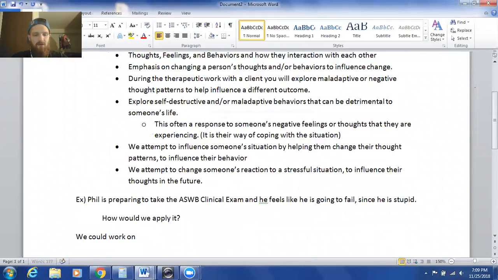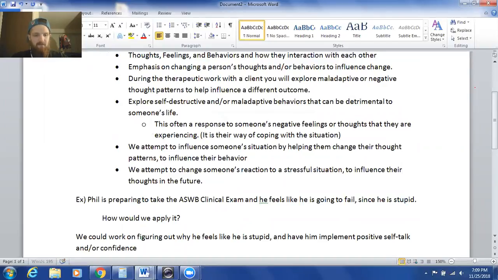We could work on figuring out why he feels like he is stupid and have him implement positive self-talk and or confidence building techniques to influence his thought patterns.